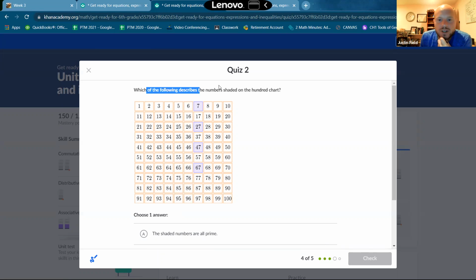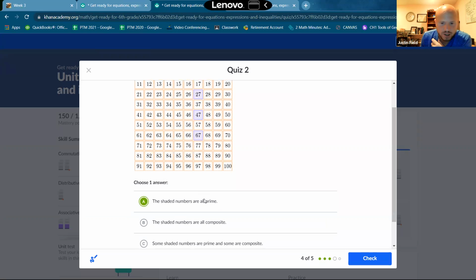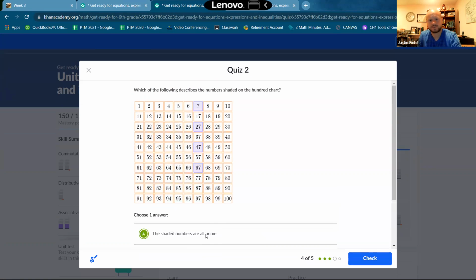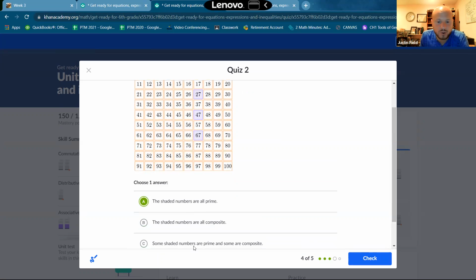Okay, which of the following describes the numbers shaded on the 100 chart? 7, 27, 47, 67. They all have 7s. They're all prime numbers. Yeah, okay. No, they're not all prime. 27 can be divided by 9 and 3. So 27 is a composite number. Any number that can be divided by a number is composite.